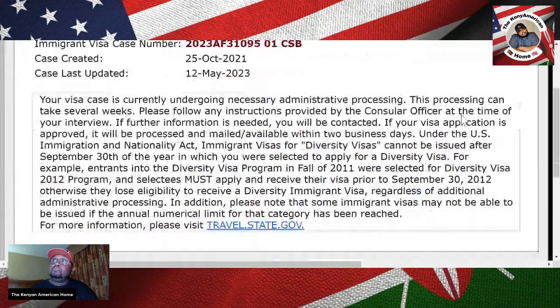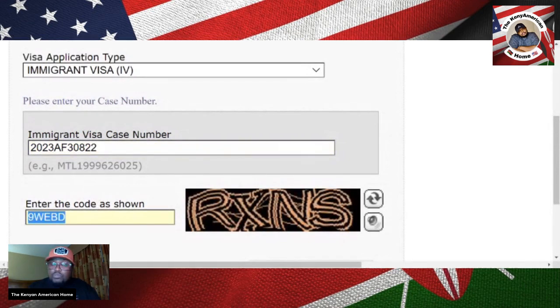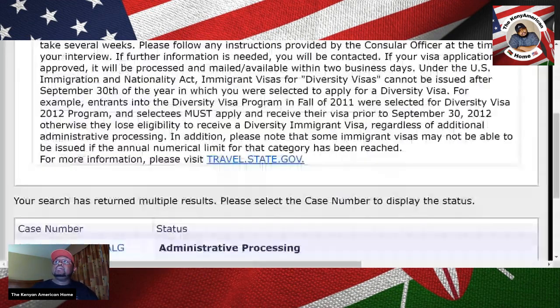So very important, complete your DS-260 properly so that you can avoid some of those things that can come up. Make sure you have everything, and you certify everything that needs to be certified. Your medical is another thing.